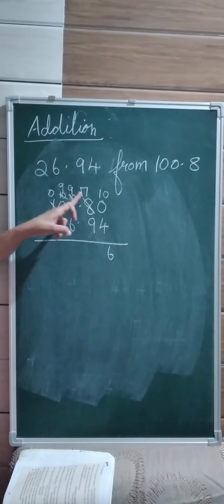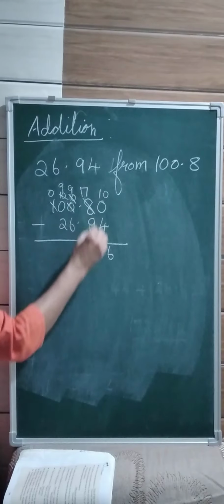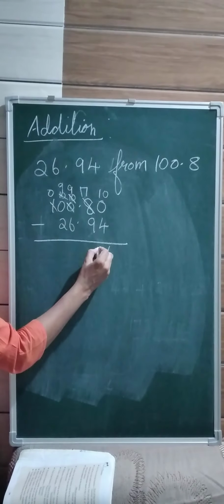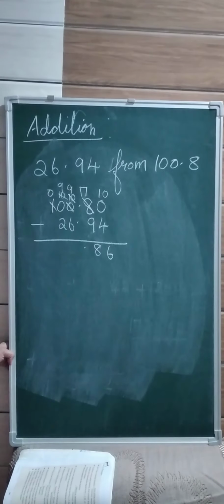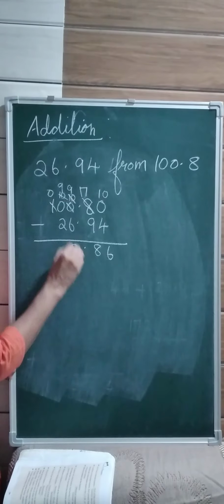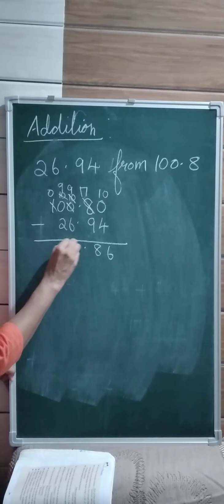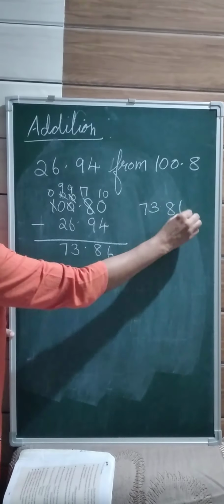So 10 becomes 9. It is 70. Now we can do the subtraction. 17 minus 9 is 8. Now 9 minus 6 is 3. 9 minus 2 is 7. Answer is 73.86.